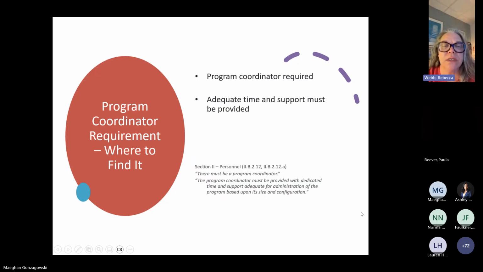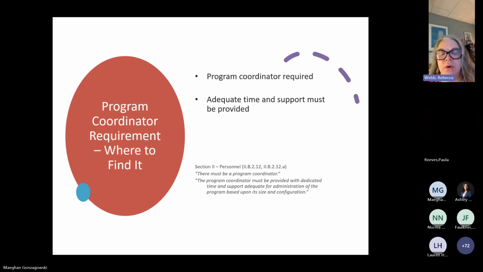Okay, so this is program coordinator requirements and where to find it. So in section 2, under personnel, this is your citations. There must be a program coordinator, and the program coordinator must be provided with dedicated time and support adequate for administration of the program based upon its size and configuration.